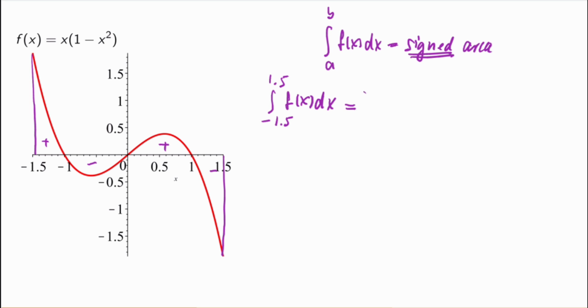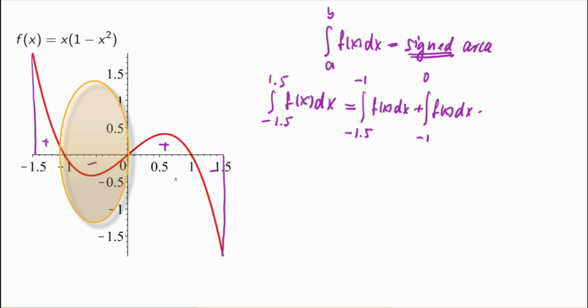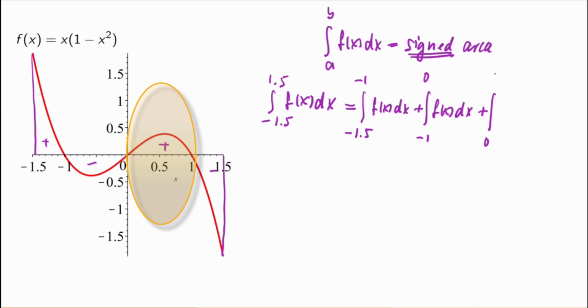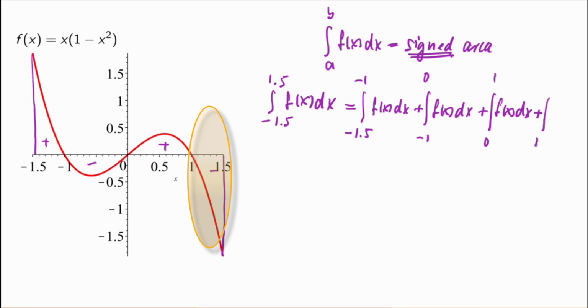So we can write this as the integral from minus 1.5 to minus 1 f of x dx plus the integral from minus 1 to 0 f of x dx plus the integral from 0 to 1 f of x dx, and then plus the integral from 1 to 1.5 f of x dx.